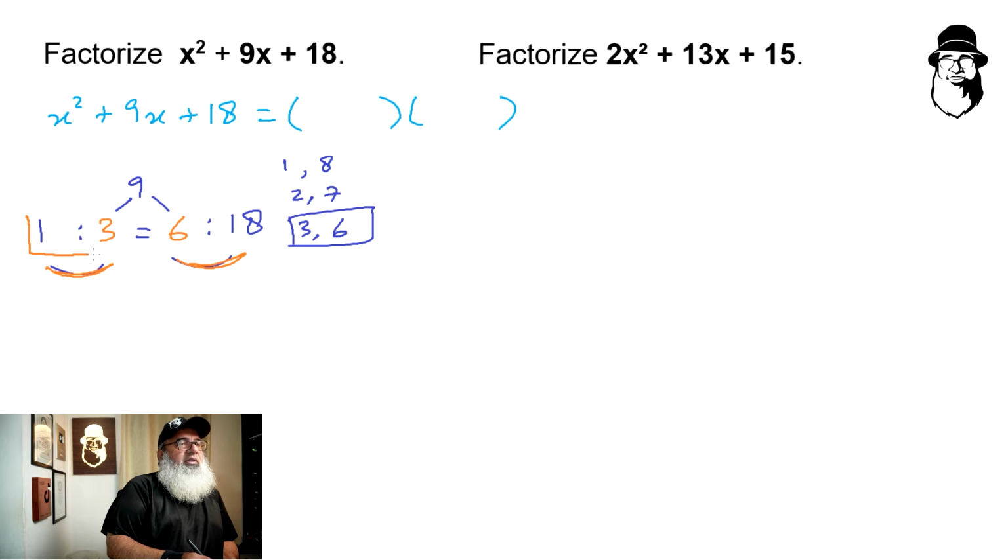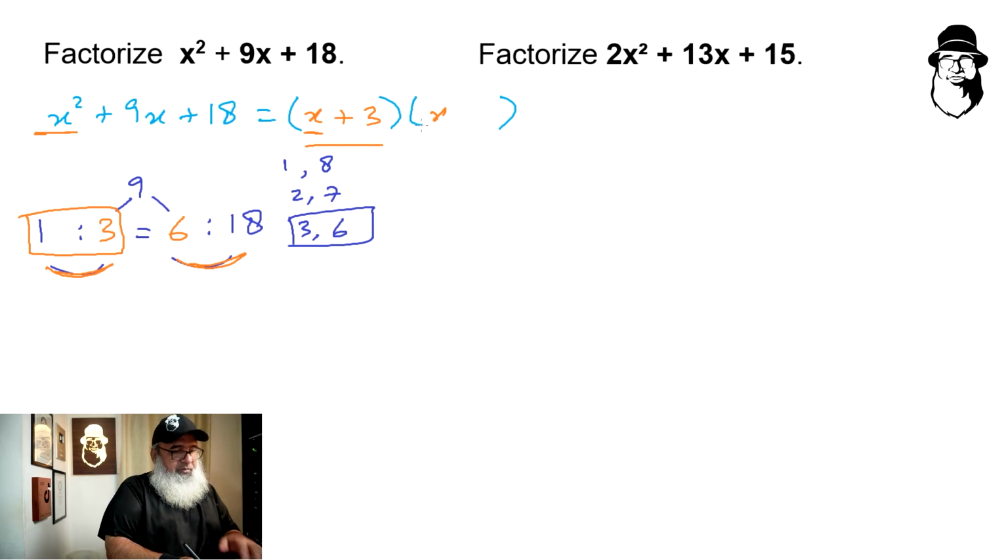So this 1 and 3 will come in the first bracket. 1x means only x, and we have 3 like that. And then the second part is, you divide this term by this term. x squared divided by x is x.